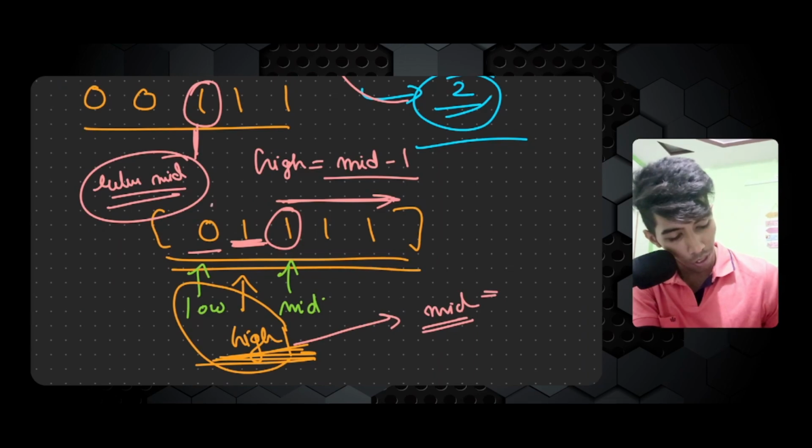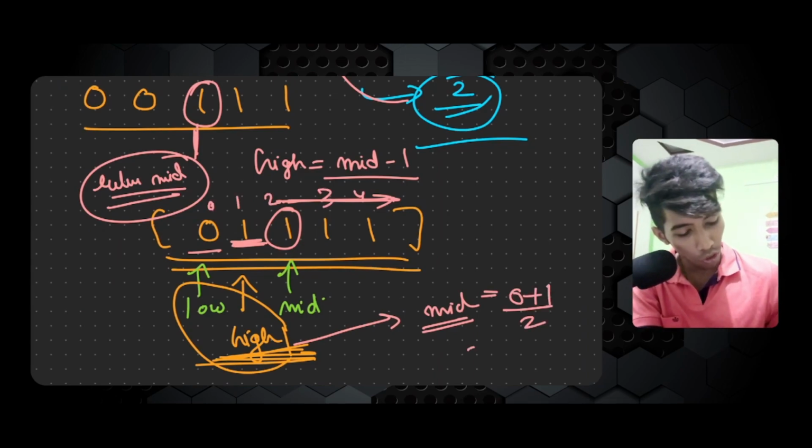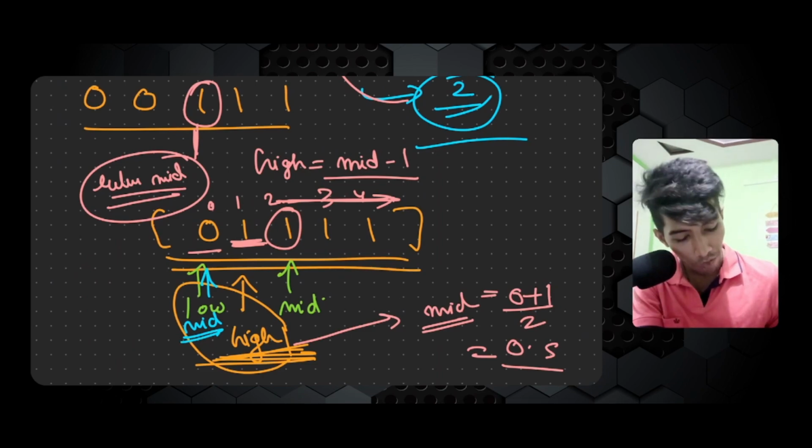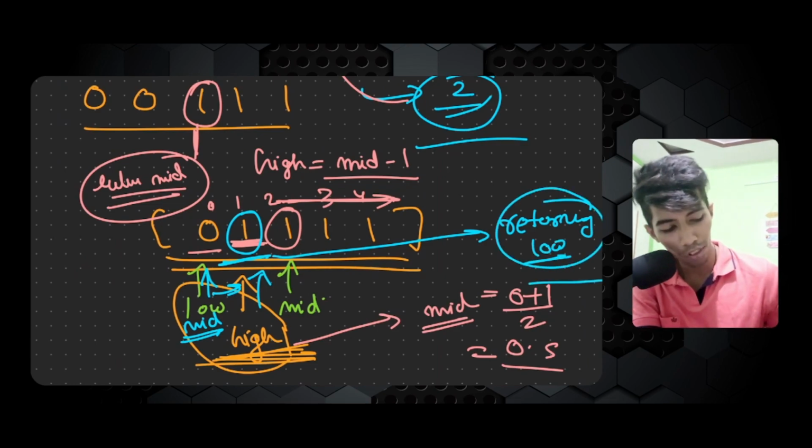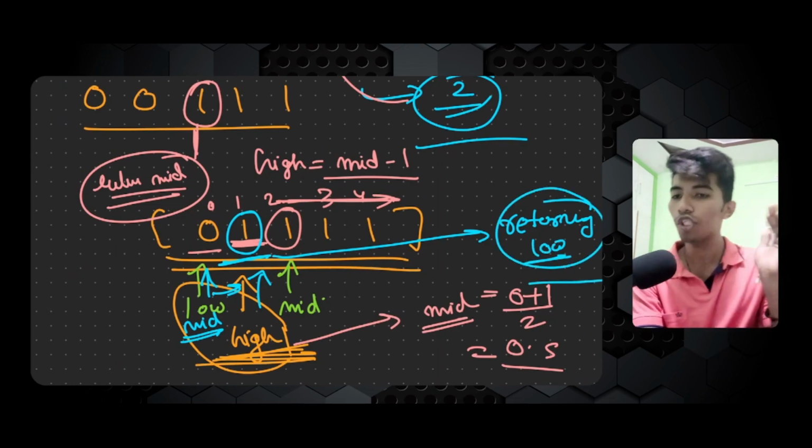If I calculate the mid with indices 0, 1, 2, 3, 4, then 0 plus 1 upon 2 gives 0.5, so my mid will be right now here. When my mid is here, I will compare it with the value and we will shift the low over here. So here I will get my 1. Simple answer, we will be returning the low in this case because we will move the low shifting like here.